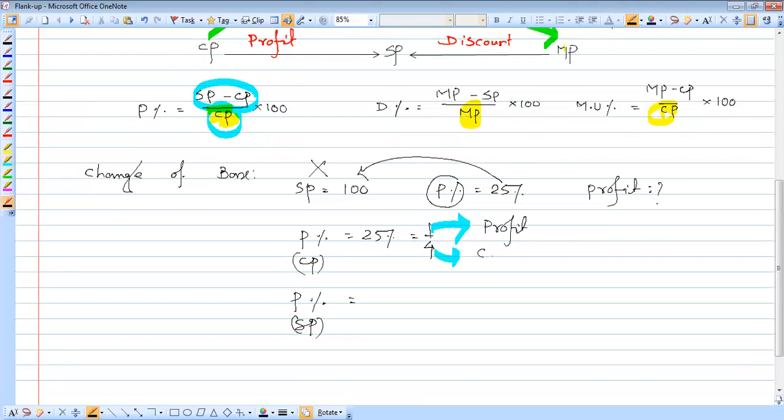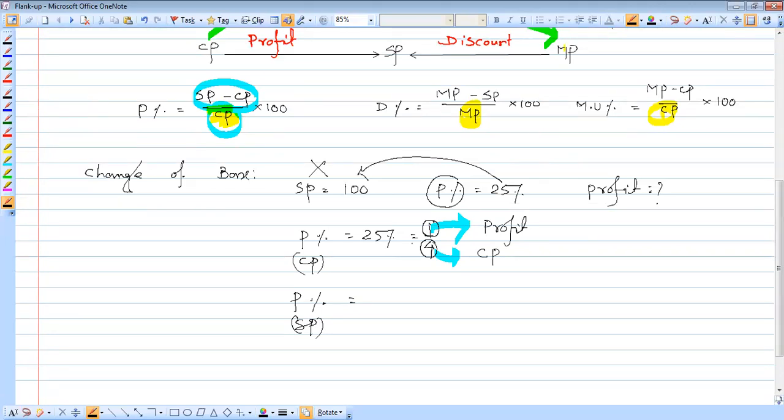So can I say that basically 1 by 4 or 25% means he is making 1 rupee profit on 4 rupees cost price? That means you bought the item at 4 rupees, and when selling it, you are selling at 1 rupee profit. So what is your selling price?